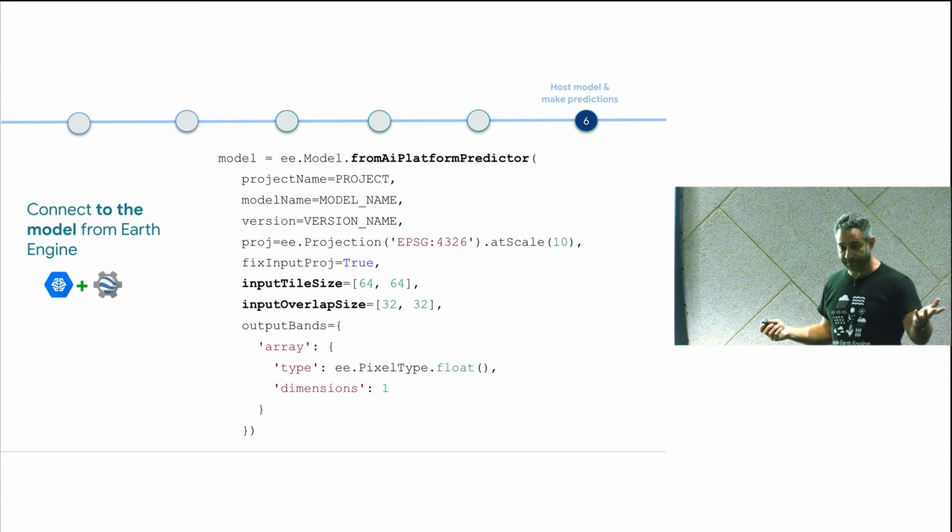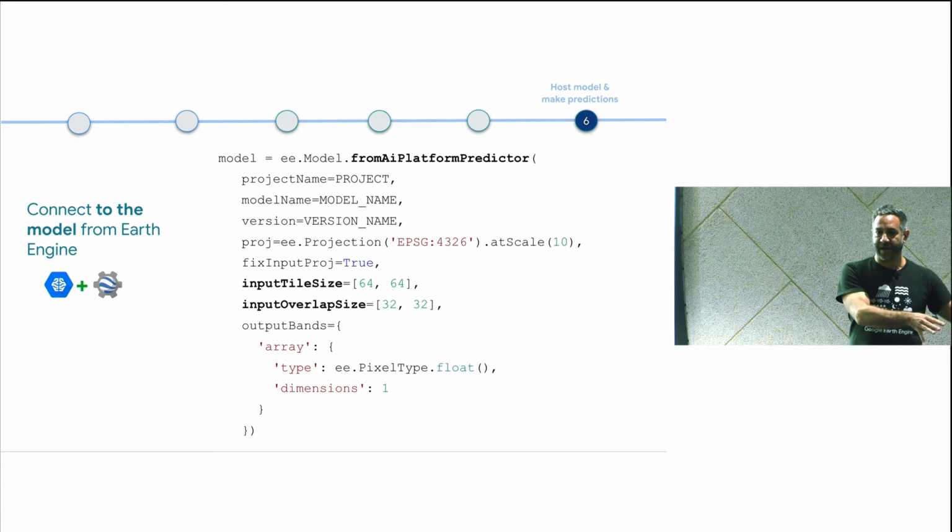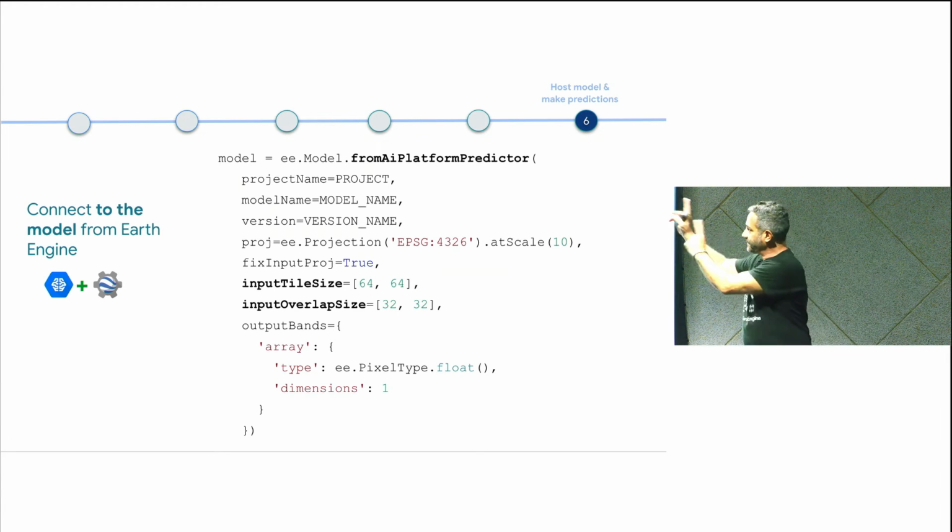If you export something in Earth Engine, you set the scale and projection, right? If you don't set that, who knows what you get. In fact, you'll probably get EPSG 4326, 1 degree by 1 degree scale. That's probably not what you want. We want EPSG 4326, which is just latitude, longitude in WGS 84 at 10 meters resolution. And we fix that input projection so that when Earth Engine is sending tiles to AI platform, it's sampling the tiles in that projection and at that scale, which matches your training data. So that's why we do that.